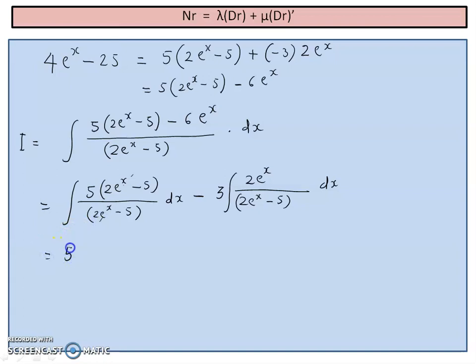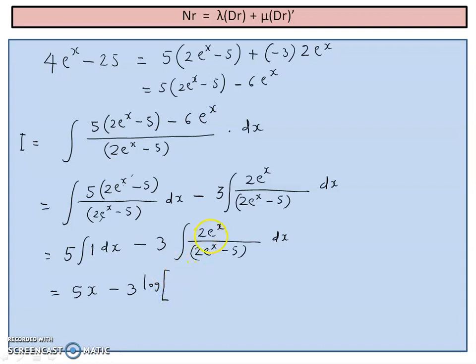So we know now that this bracket will get cancelled. So 5 integral 1 dx minus 3 integral 2e^x upon 2e^x − 5 dx. So the integral of 1 is x, so 5x minus 3 times log of the denominator, because here we have the derivative of the denominator.